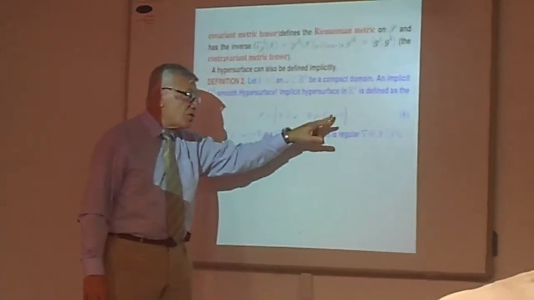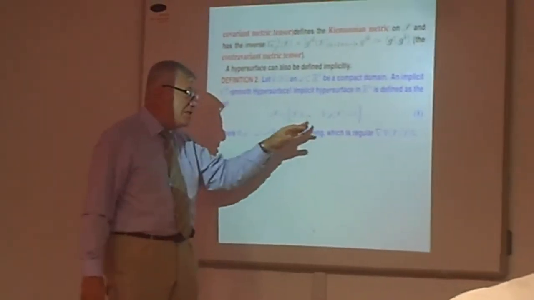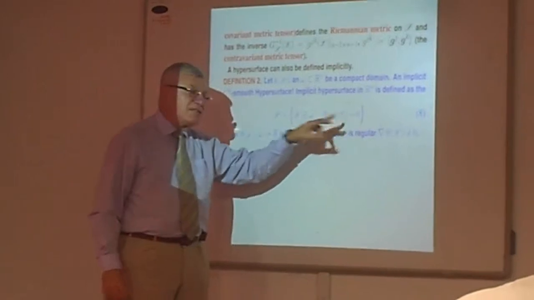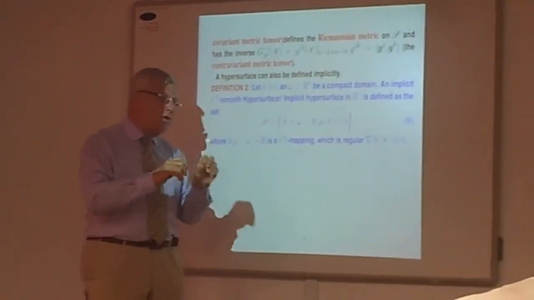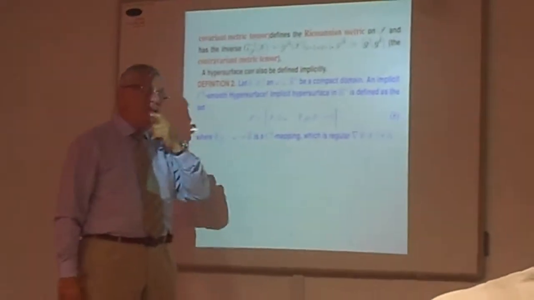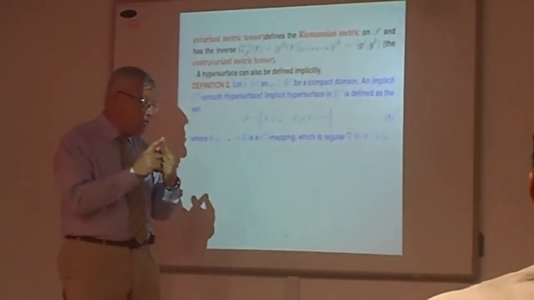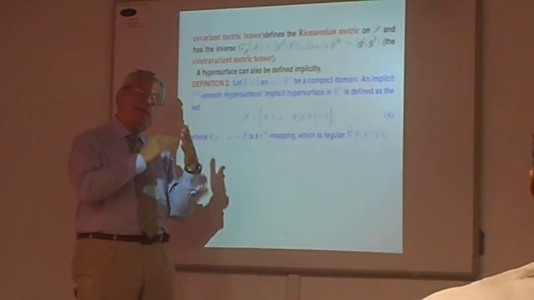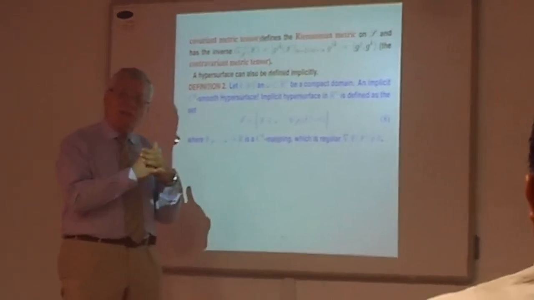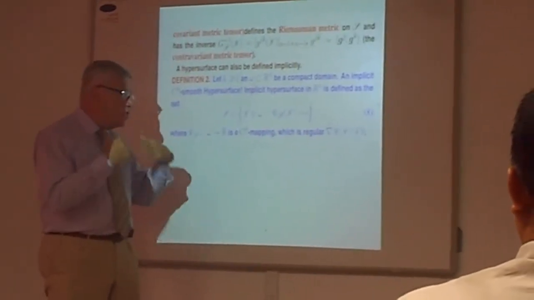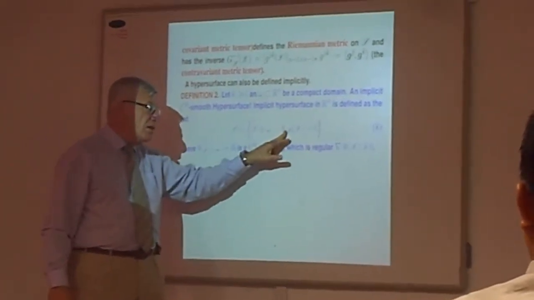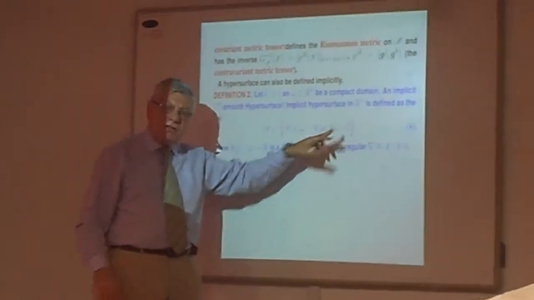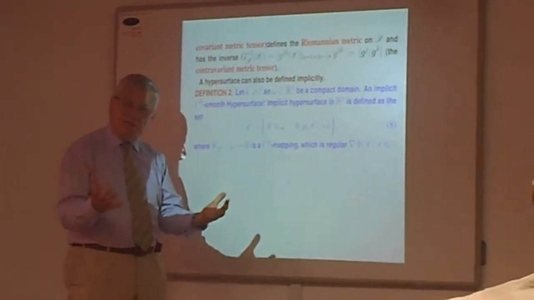If the gradient of this function is not 0, that means that the derivative of this function never is 0. I mean, it has n derivatives, and at least one of these derivatives, I mean the gradient of this function, is not 0. If we have such a function, then the zeros of such a function give you a surface again.